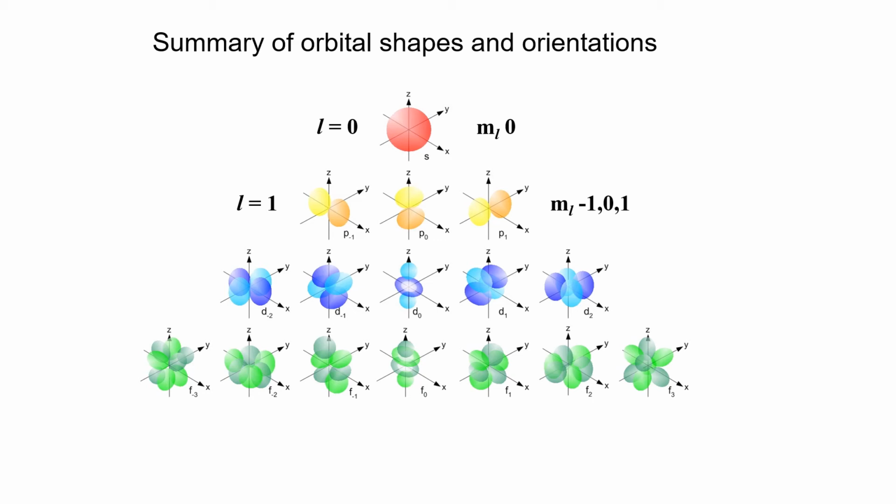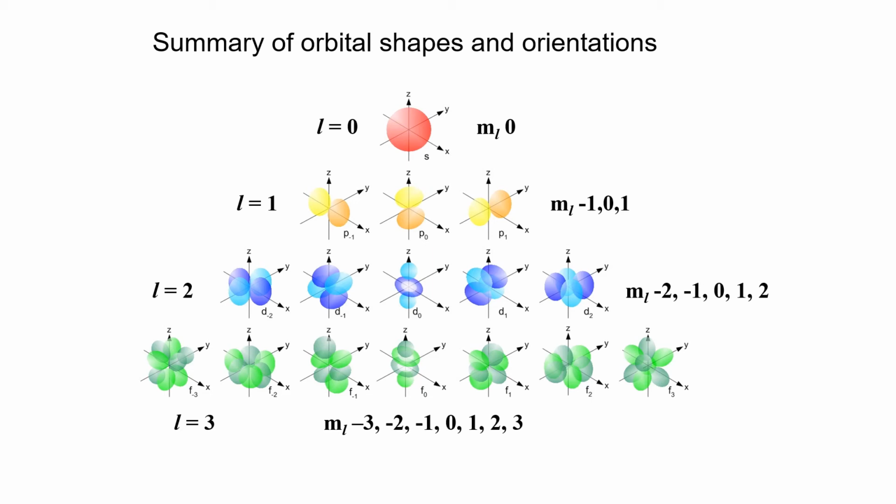p. We have yet to look at these different orientations of the d orbitals, but here they are now. L equals 2 means d, and the possible values of ml indicate 5 different orientations for our d orbitals. L equals 3 indicates the f orbital, and based on the values of ml, we have 7 different orientations.